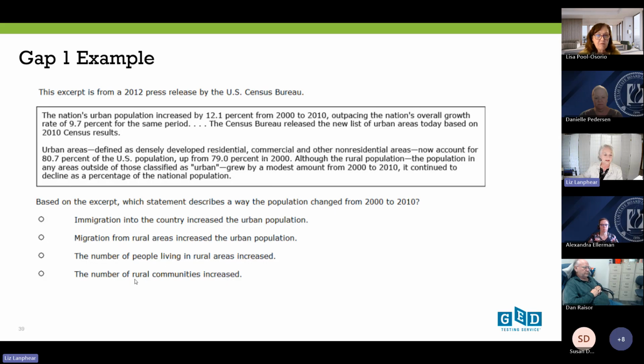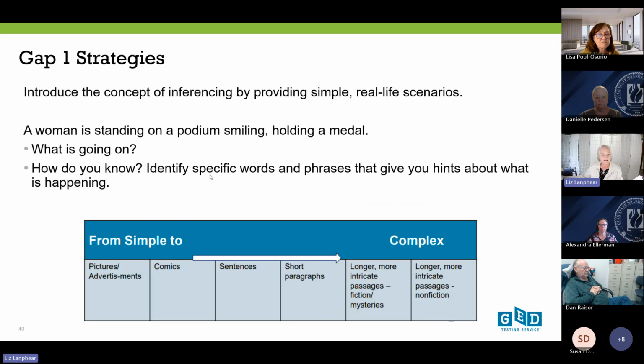D can be a misunderstanding and is often picked, but the actual article does not say anything about the number of rural communities. So again, it all goes back to that close reading and taking time to read it, reading the questions, and then rereading the passage and trying to decipher that.